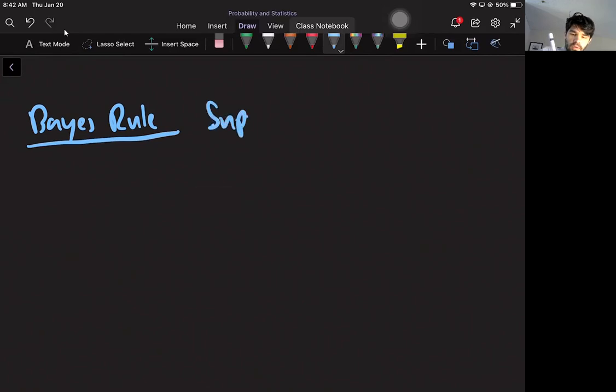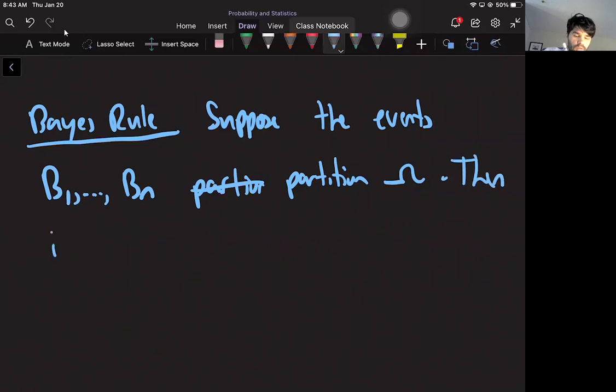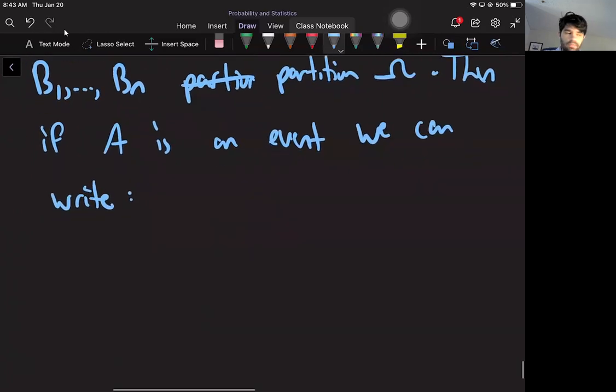Okay, so suppose the events B1 to Bn partition your sample space again, partition. Then if A is an event, we can write this.